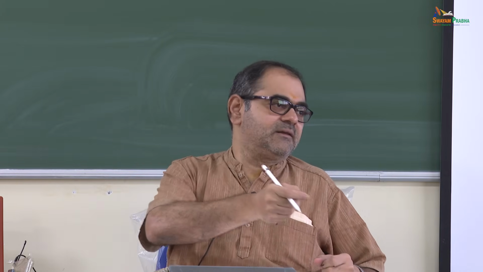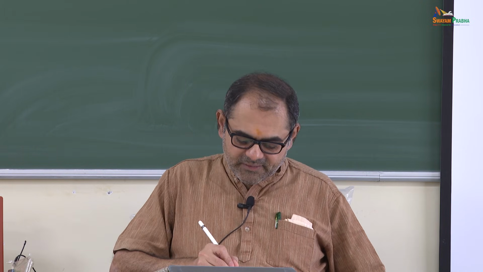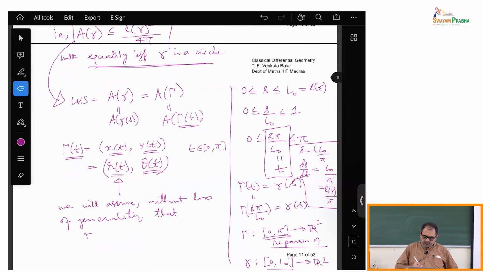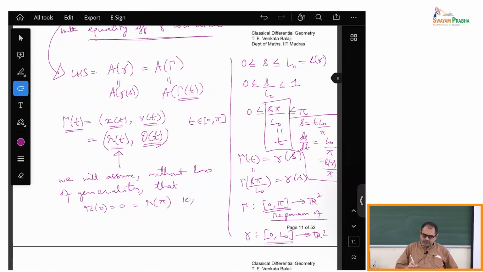When you translate the curve, its arc length and the area it encloses don't change. So without loss of generality, we will assume that r of 0 is equal to r of pi, that is, the curve capital gamma starts and ends at the origin.